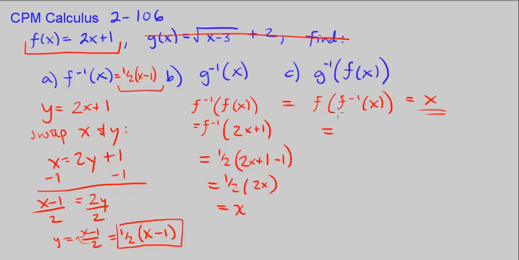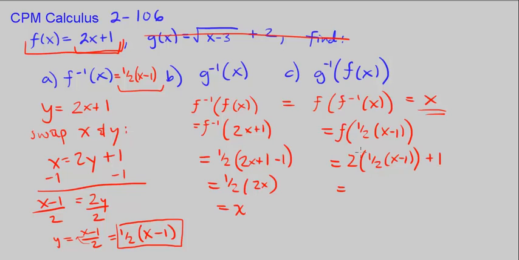Now let's check the function of f composed with the inverse function. We have f on the outside, and our input is now 1/2 x minus 1. The function of f is 2 times x plus 1, so we have 2 times that input, 1/2 x minus 1, plus 1.